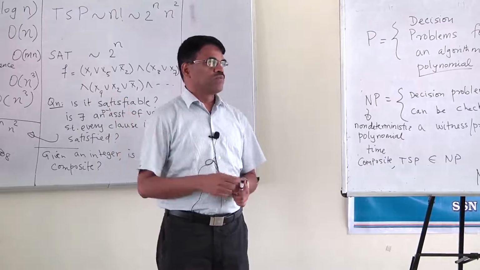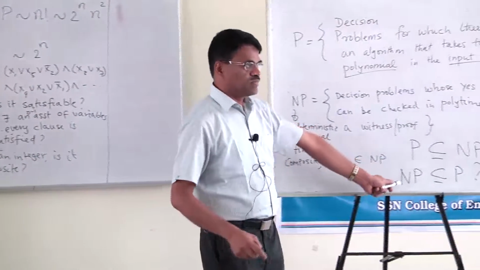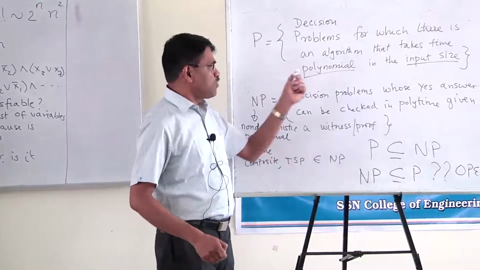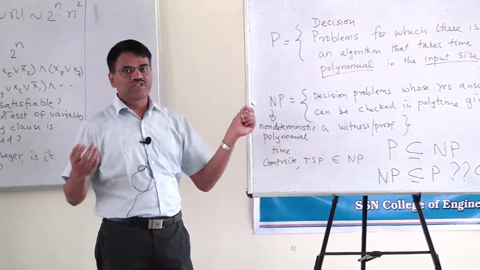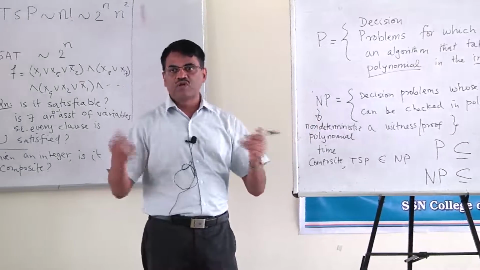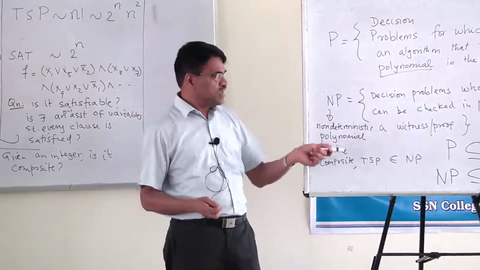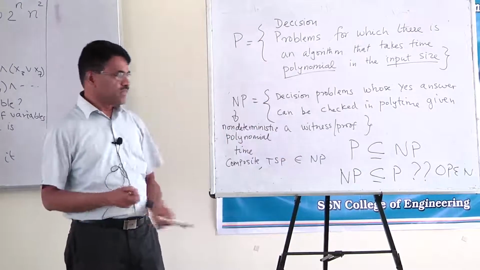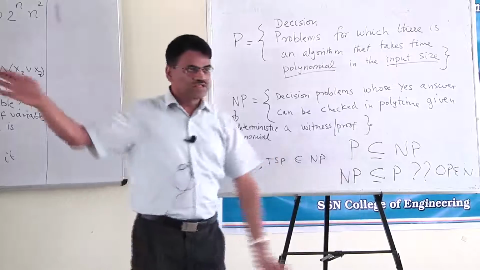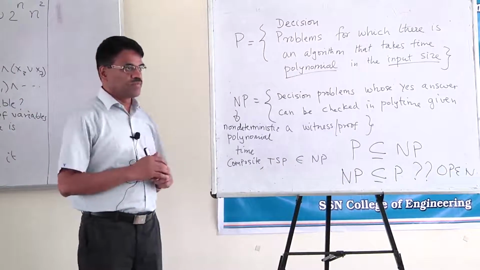This problem is exactly this: for every problem where you can verify in polynomial time, where there is a non-deterministic Turing machine which will run in polynomial time and give you the yes answer, can you actually also find the solution in polynomial time? This is an important open problem, and that's the problem for which there is a $1 million prize.